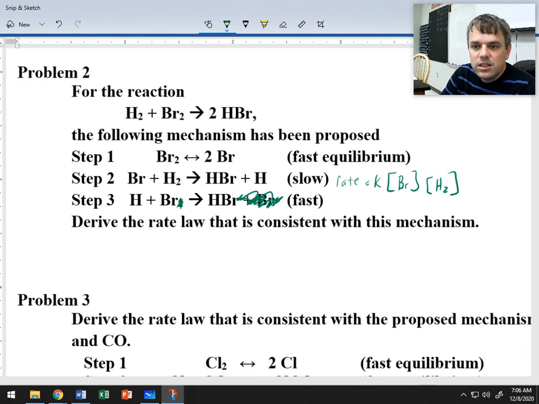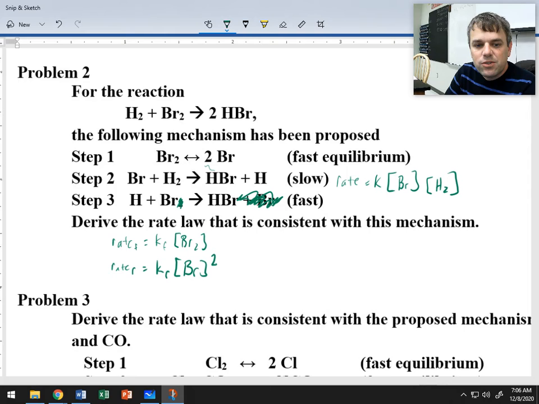So we need to go back to the first step, this fast equilibrium step where the Br came from, and look at it. For that reaction, the rate of the forward reaction equals the k of the forward reaction times the concentration of Br2. And the rate of the reverse reaction equals the k of the reverse reaction times the concentration of Br squared, because it's got a coefficient of 2 there.